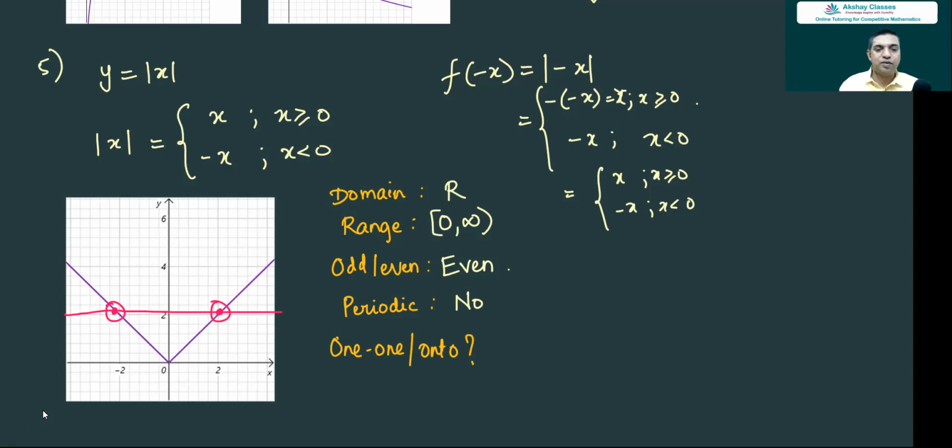So it is not 1-1. Is it onto? No, it is not onto if f maps R to R. Of course, if you define f in such a way that it maps R to 0 to infinity, then it will become onto.